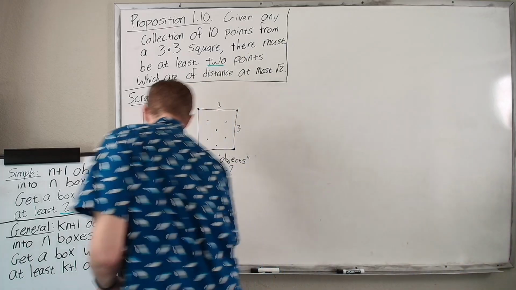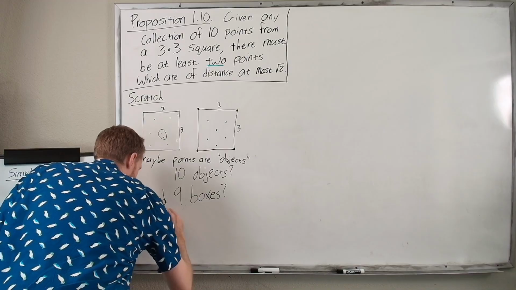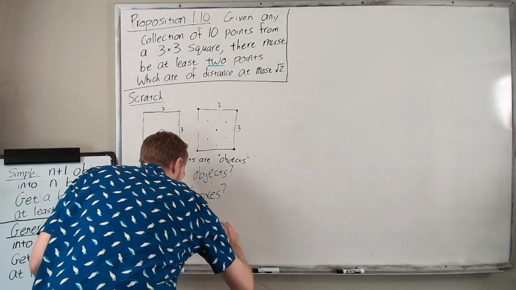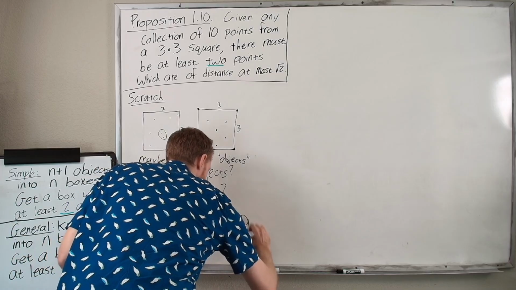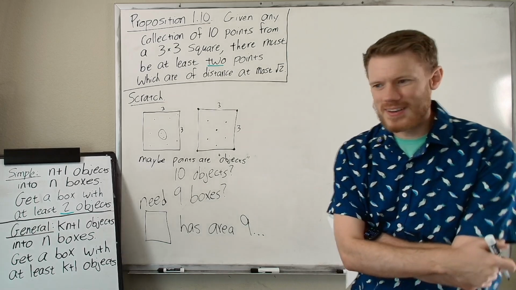So a 3 by 3 square has area 9. So you see where we're going here?